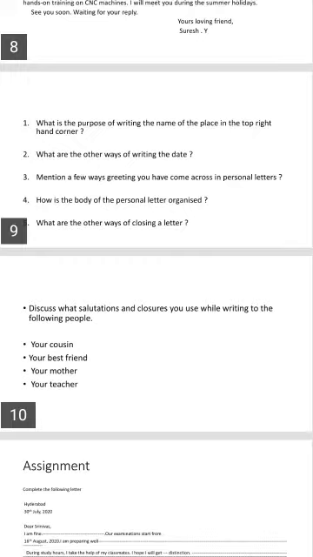There are different ways of closing a personal letter. It depends on to whom you are writing. Common formats are closing with best wishes, thank you, and to near and dear ones, God bless, and in Urdu, Khuda Hafiz.